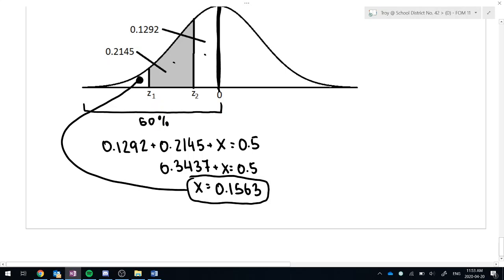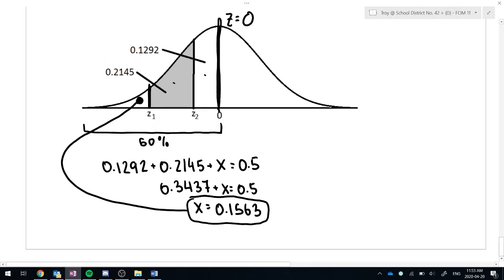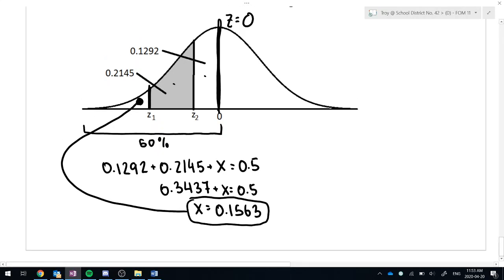Why do we care? Well, now we can find z1 straight up, right? Because that's the area all to the left of z1, 0.1563, right?